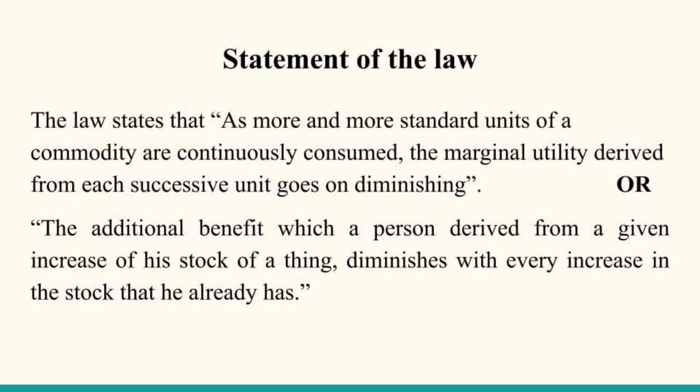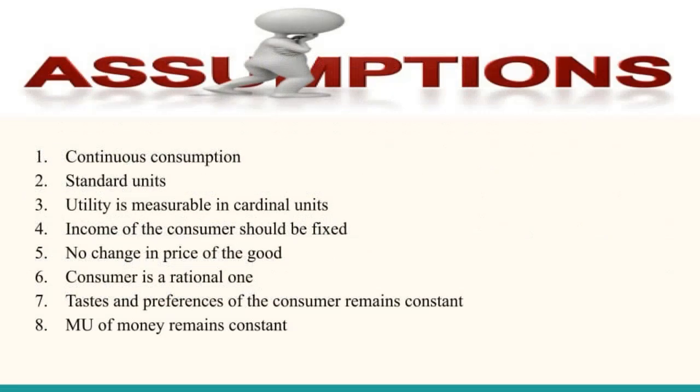It simply means that as we consume more and more units of a particular commodity, the marginal utility derived from every additional unit will start decreasing. Or it can be stated as the additional benefit which a person derives from a given increase of his stock of a thing diminishes with every increase in the stock that he already has.